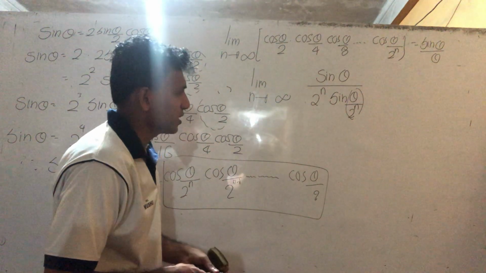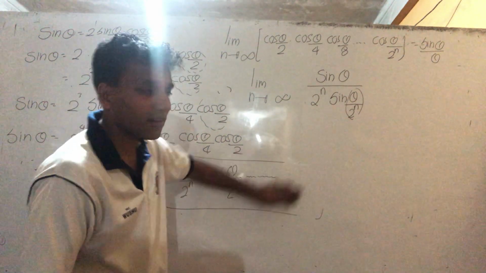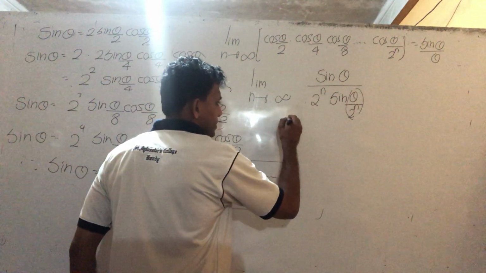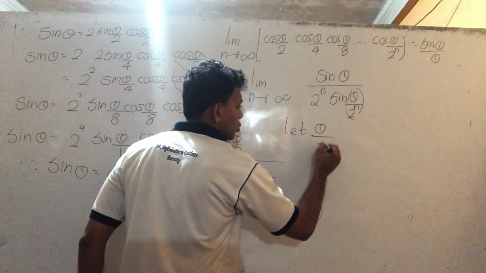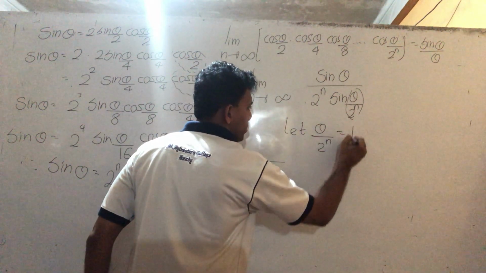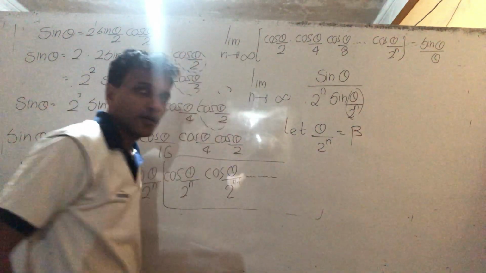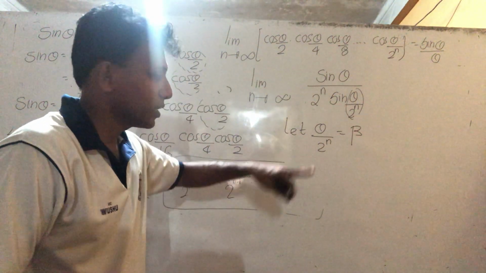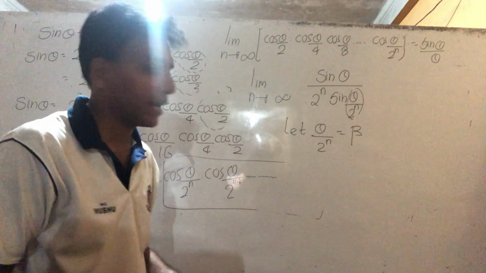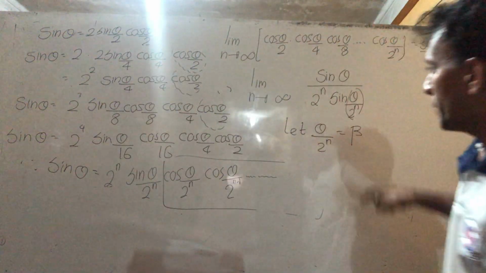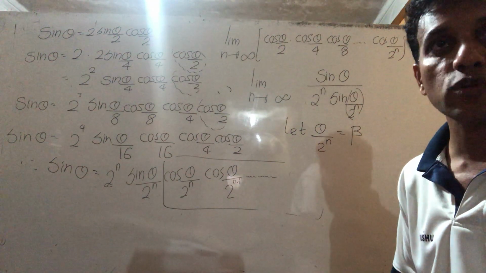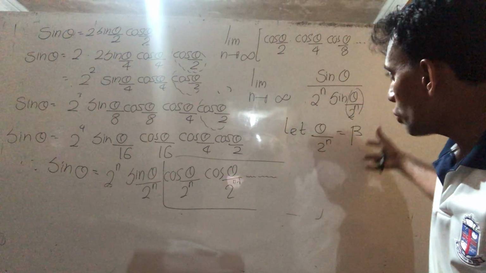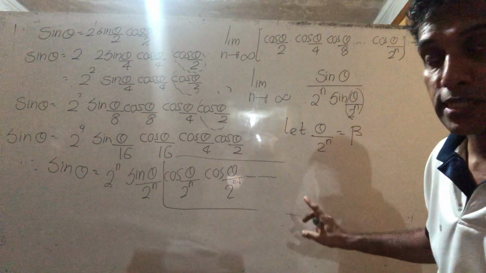So I can show a simple method here. Let theta over 2 to the power n be beta. Not necessary, but if I show it, it is easier to understand. If you use a substitution wherever there is integration, differentiation or limits, you have to change the whole problem in terms of beta.